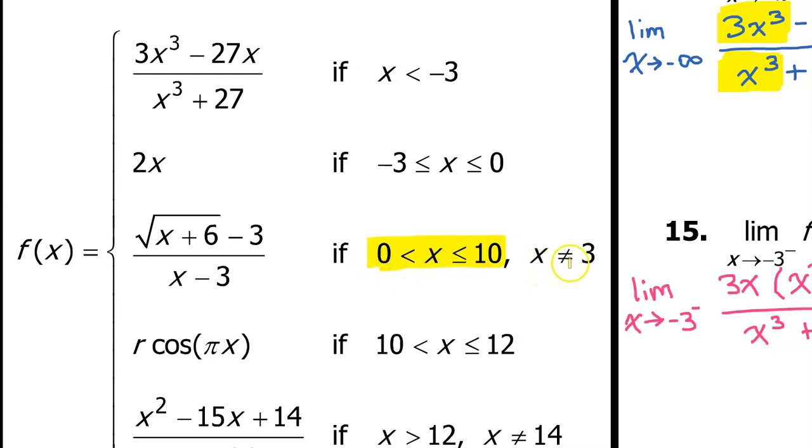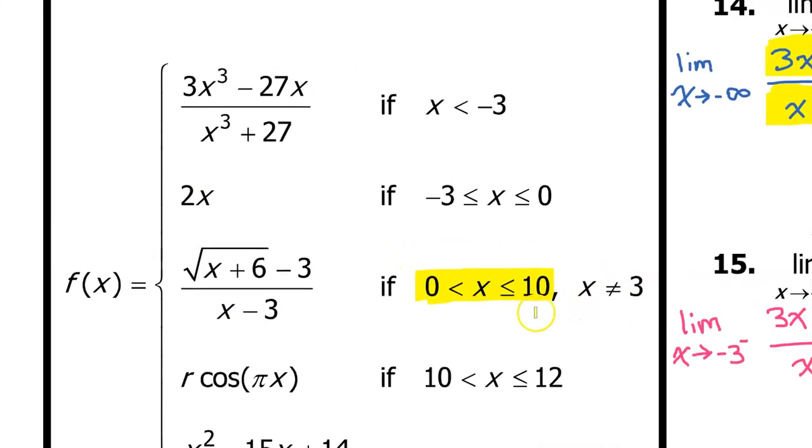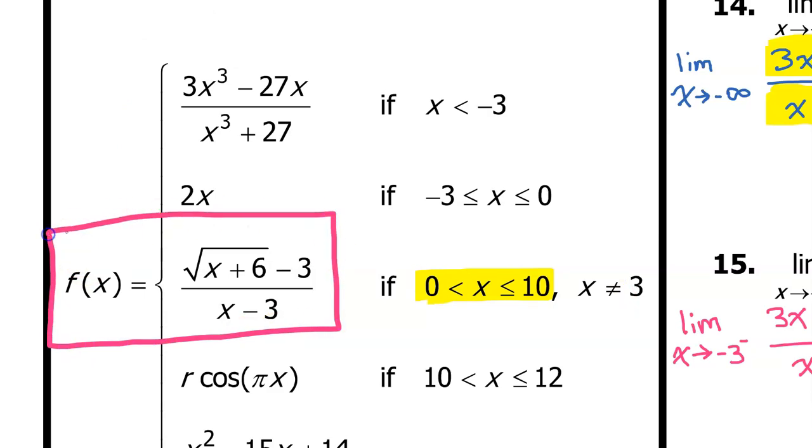Of course, x cannot equal 3, we can see that would cause a 0 denominator, which means that this piecewise function is undefined at 3. But that's okay, we can still find the limit as x approaches 3. The bottom line is this piece of the piecewise function will apply.